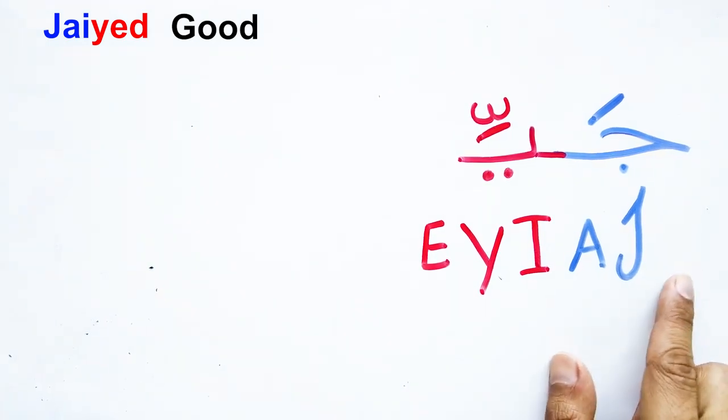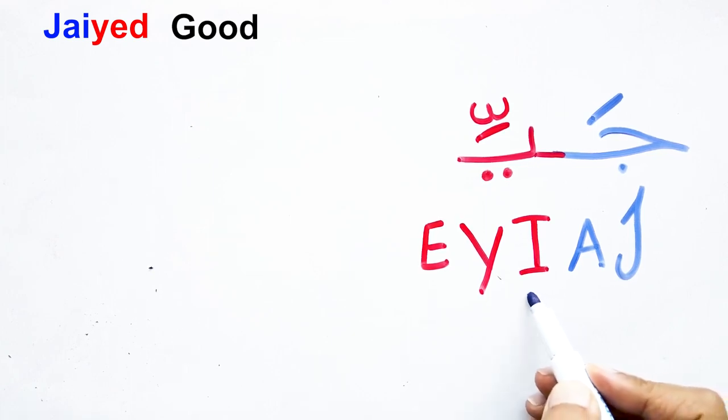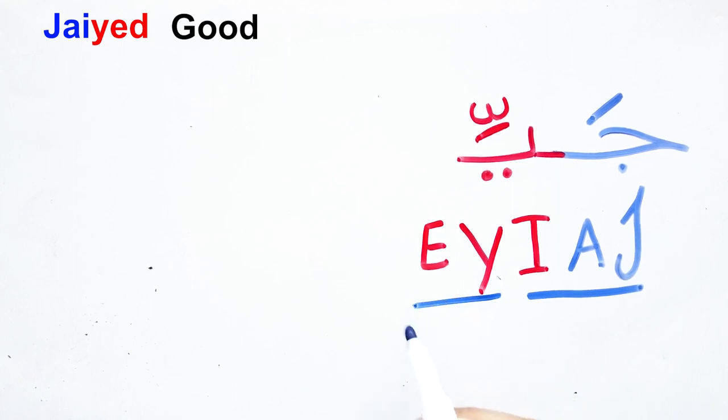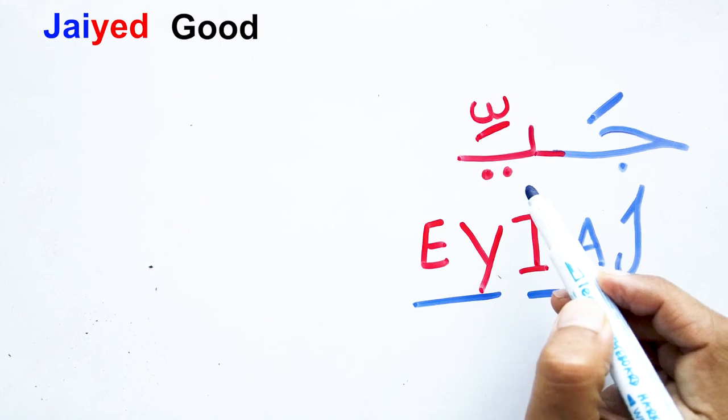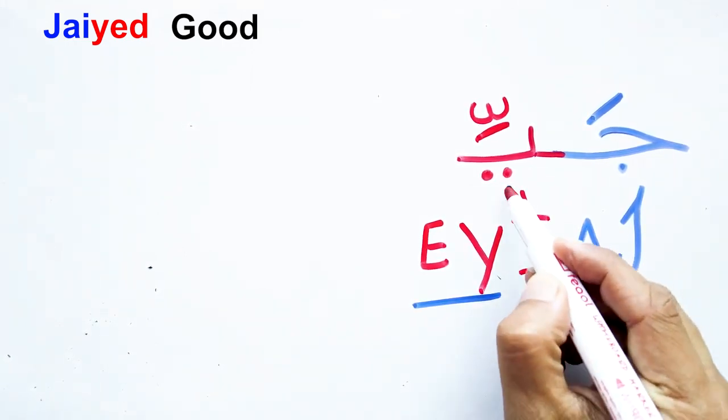So I say Jayyid. So the first syllable, actually, is this part. So here it is J, and the second one is Y. So we have now 2 syllables. So this Ya, we repeat it 2 times. Pay attention to this.